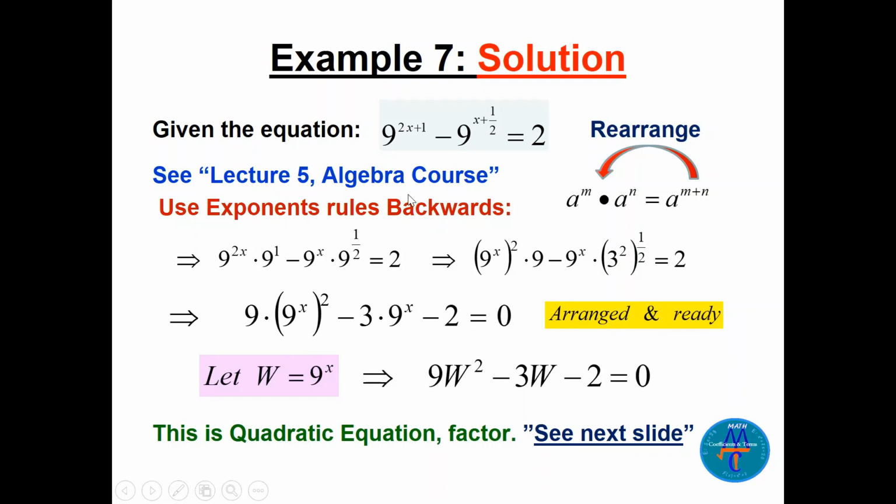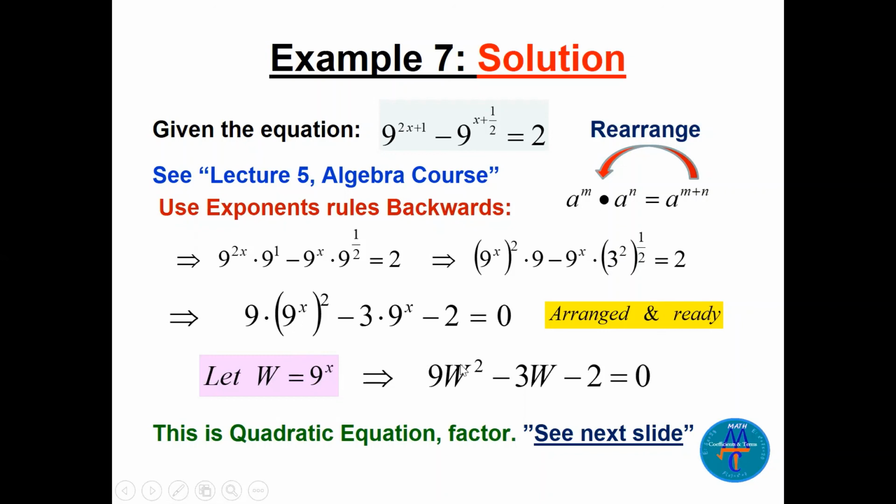So we have now the equation is transformed into 9 times 9 to the power x all squared minus 3 times 9 to the power x minus 2 is equal to 0. Let w, just to make it easy, you can factor here directly, but let w be 9 to the power x.